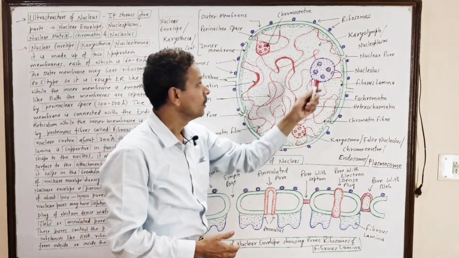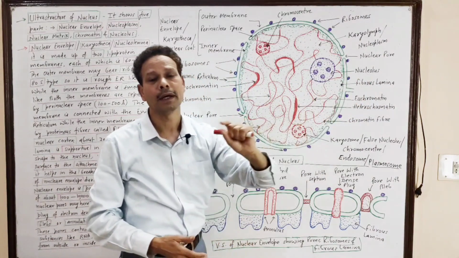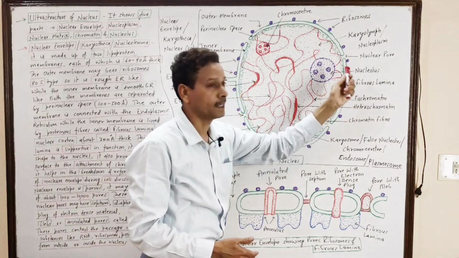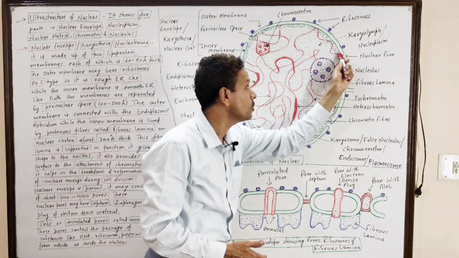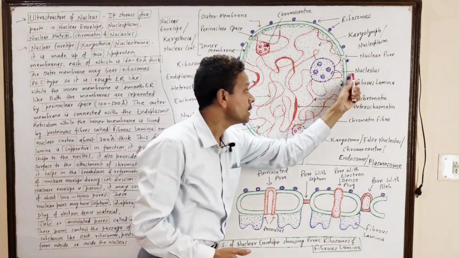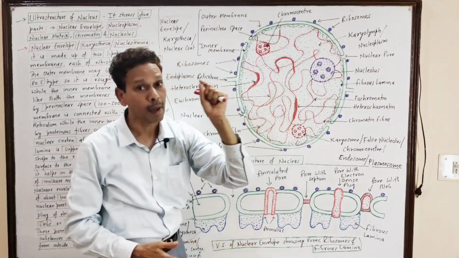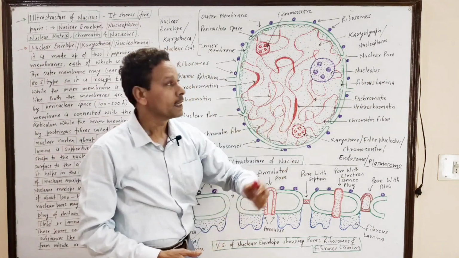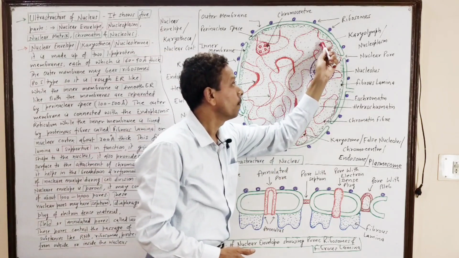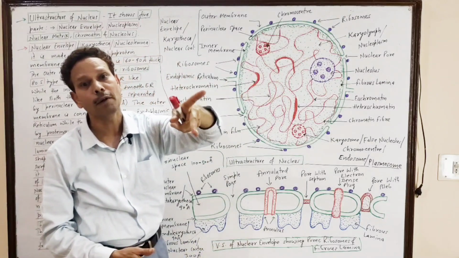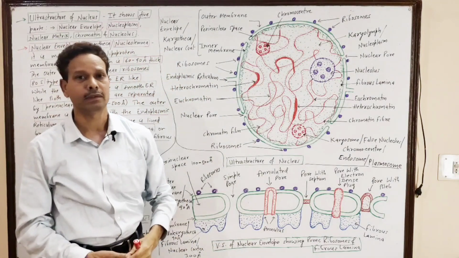Now note down, this fibrous lamina, another important question, provides material for the formation of nuclear pores, as well as this fibrous lamina or nuclear matrix is involved in the breakdown and reformation of nuclear envelope at the time of cell division.